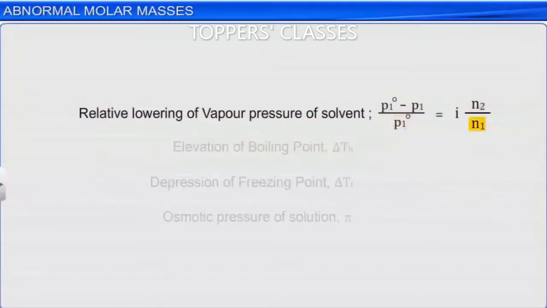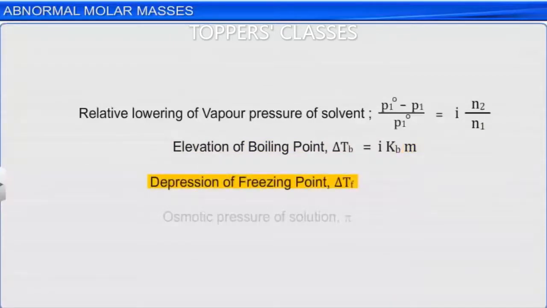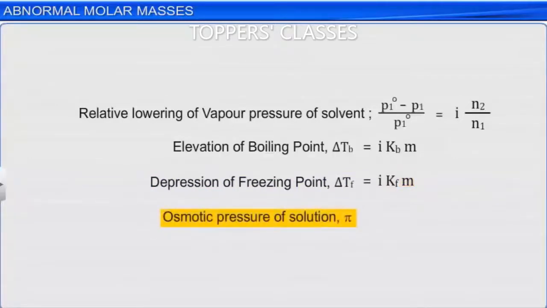Elevation of boiling point: ΔTb is equal to i multiplied by Kb multiplied by m. Depression of freezing point: ΔTf is equal to i multiplied by Kf multiplied by m. Lastly, the osmotic pressure of a solution, π, is equal to i multiplied by n2 multiplied by R multiplied by T divided by V.